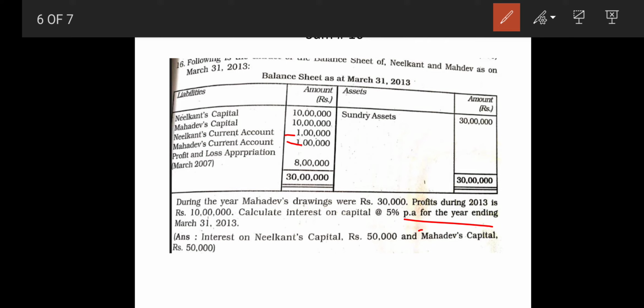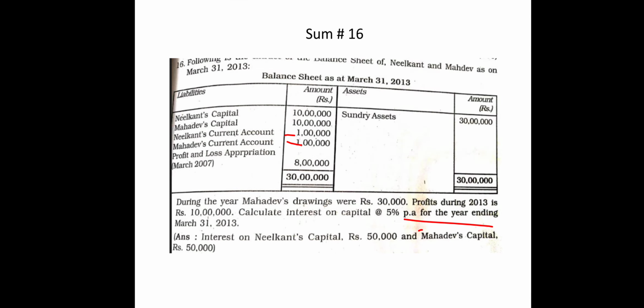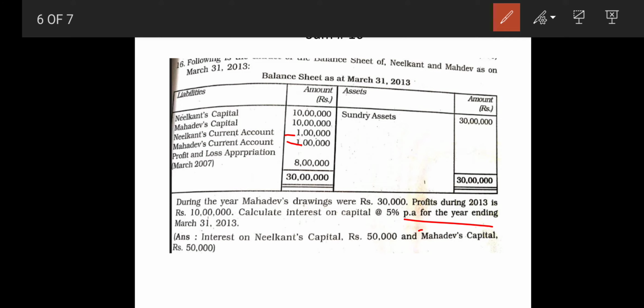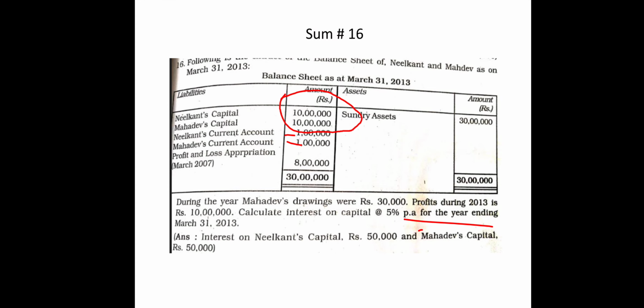But we are least concerned with this. Why are we least concerned? Because interest on capital will be calculated on the opening balance. Now here Nilkanth and Mahadev have a fixed capital. So when there is a fixed capital, no more consequences will be there.